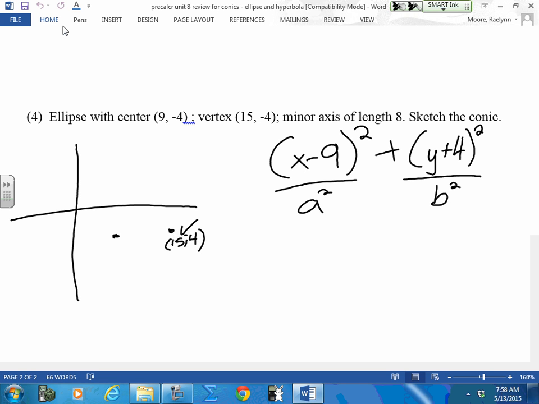Nice. How much distance between here and here? Actually, then to put you to the other side. It's okay if it's off center. It's just a sketch.